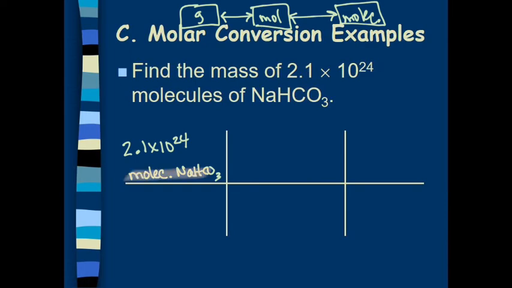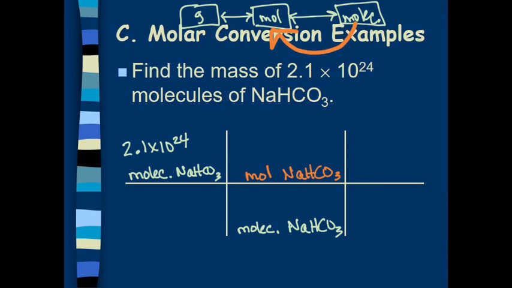Again, since I have molecules here, I want to repeat that right here at the bottom. So we've got molecules of baking soda. And we are going from molecules to moles. So I know that my next unit that I'm going to use is going to be moles of baking soda. With that step, a 1 has to go with moles.